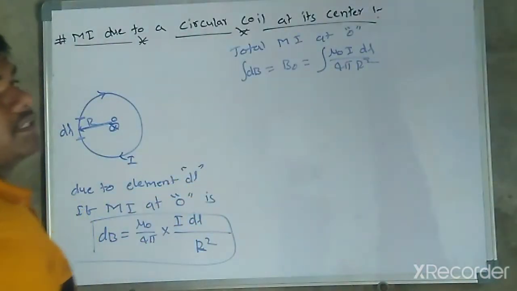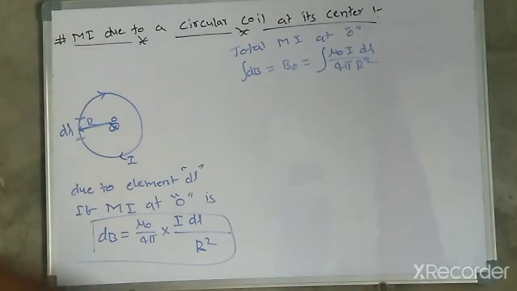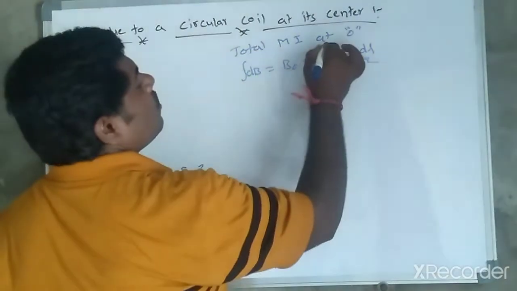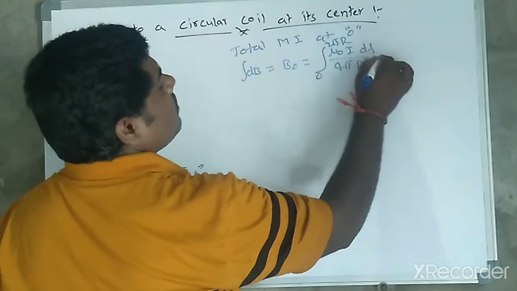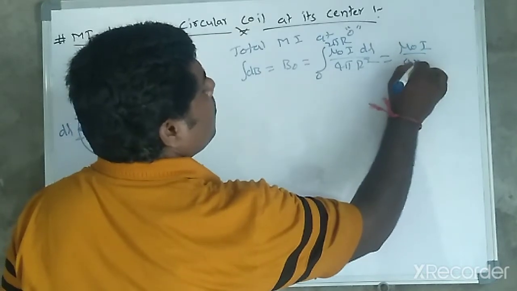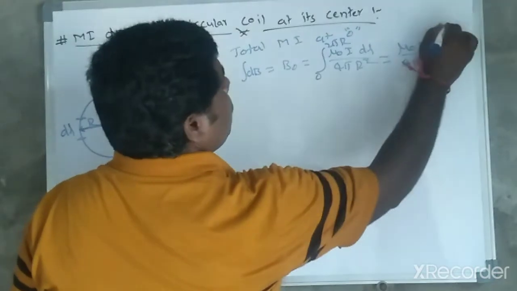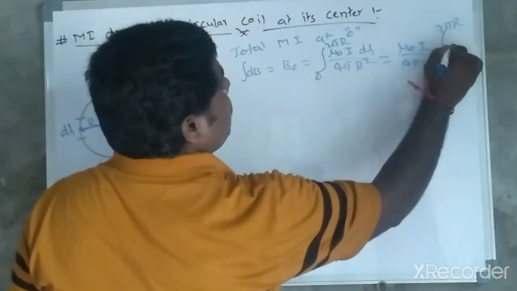Here the integral limits are 0 to a complete cycle, the circumference length, 0 to 2 pi r. That is mu naught into I divided by 4 pi into capital R square, integral 0 to 2 pi r into dl.